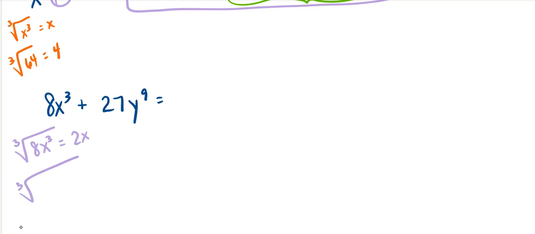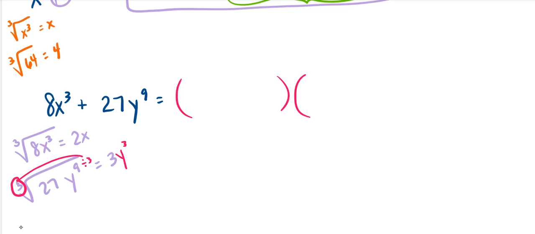The cube root of 27y to the 9, well, the cube root of 27 is 3. And remember what we did earlier with the square root. You took this little index and you divide by it here. So this would be y to the third. So when I set up my answer, binomial, trinomial, I have 2x and 3y to the third.